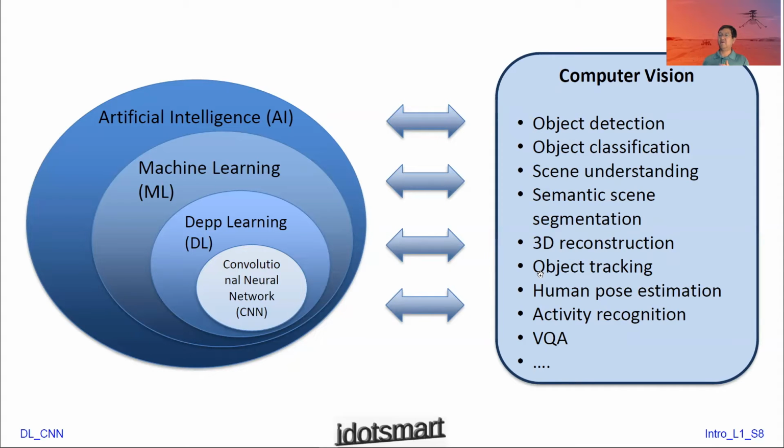This figure illustrates the scope of different terms. We mention convolutional neural network, deep learning, machine learning, and artificial intelligence. Artificial intelligence is broader and convolutional neural network is more specific. If your input is images, for example for image classification, you should use a convolutional neural network.